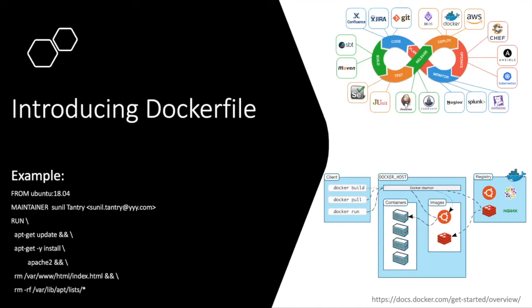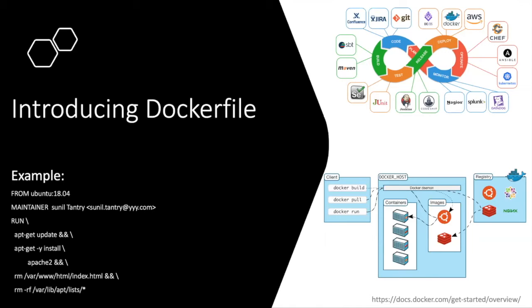The next command is called the run command. Again, what this instructs Docker is to run the below commands and do something within the container itself. In our case, what we're asking Docker to do is, once you download this base image of Ubuntu version 18.04, please update the image to the latest patch level or whatever you have.